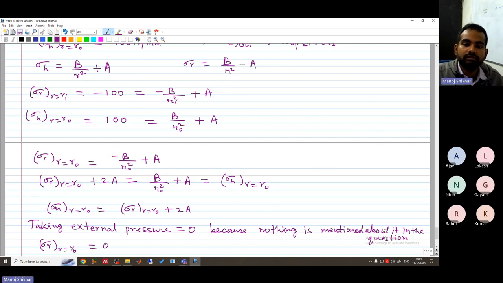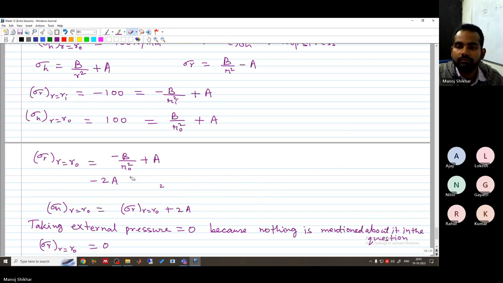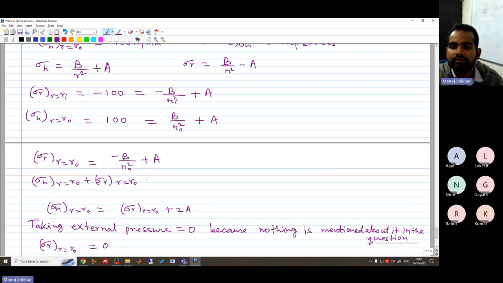Okay, so sigma h at r equal to r0, sigma r at r equal to r0. There was some mistake here. Sorry for the mistake.